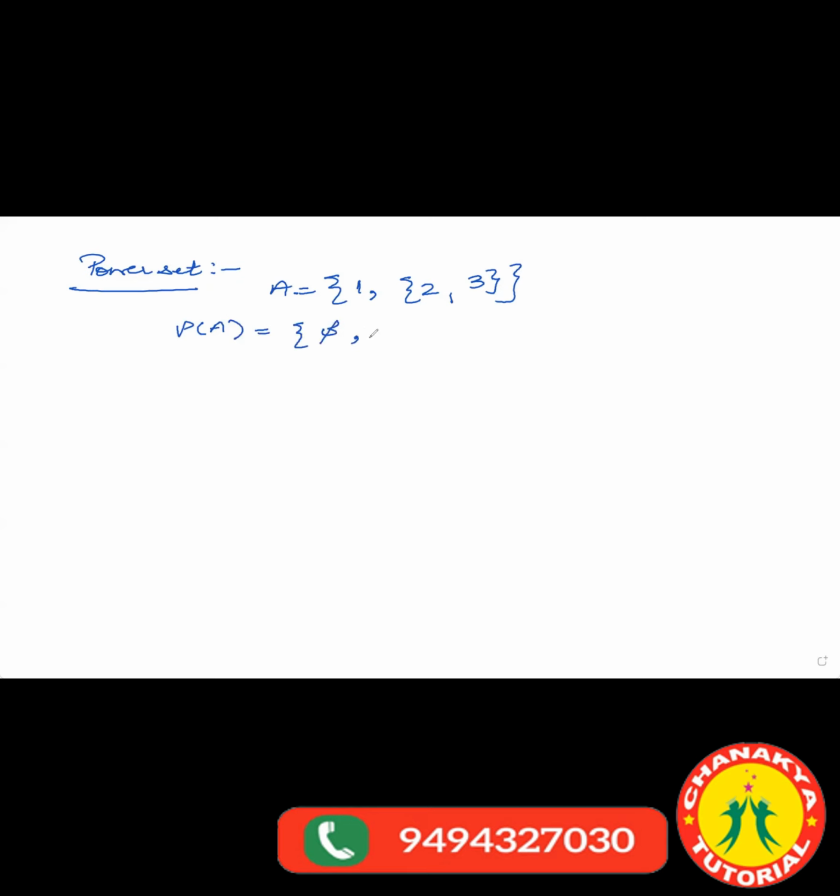Collection of all subsets, right? Null set, then {1}, {2}, {3}, then {1, 2}, {2, 3}, {1, 3}, and then {1, 2, 3}. Because a set is a subset of itself. Clear? So these are the subsets. What do you mean by power set? Collection of all the subsets is called the power set. Clear, beta?